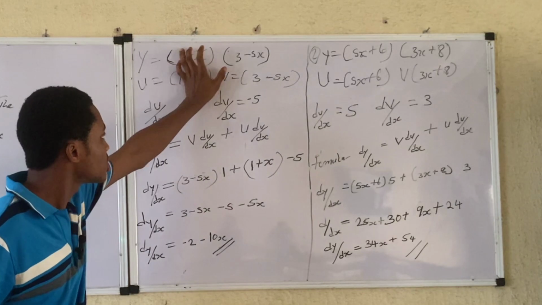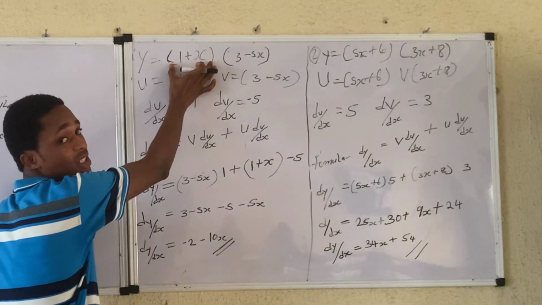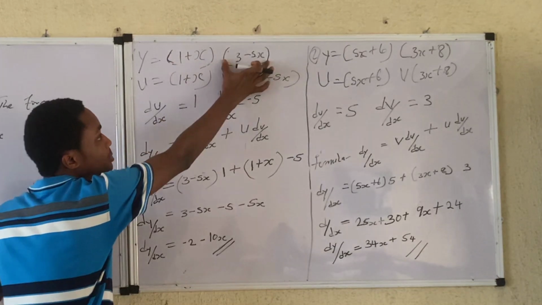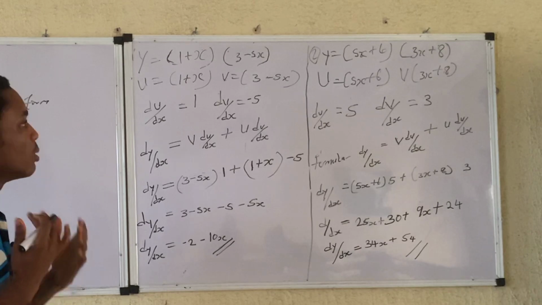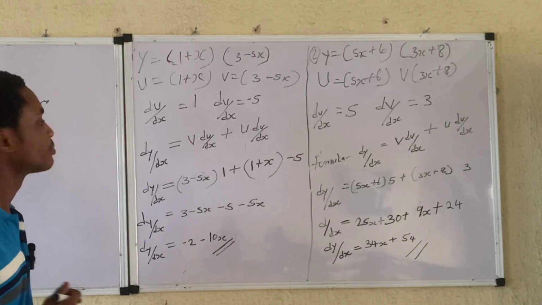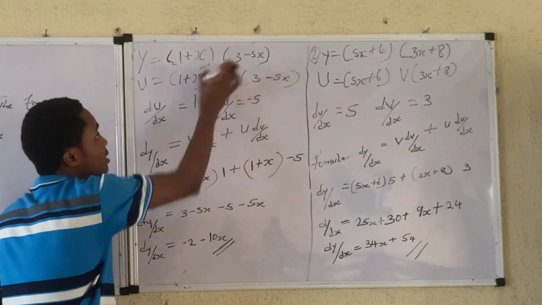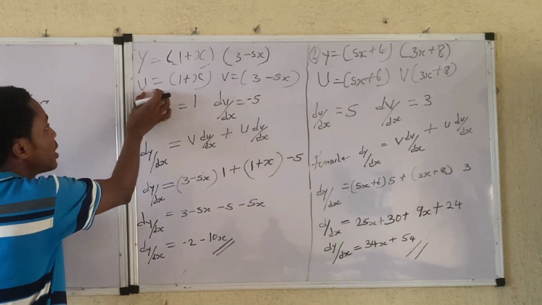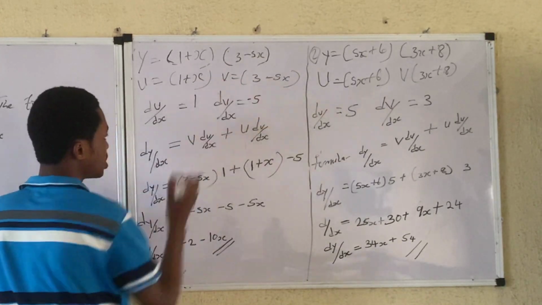For a question like this, we take the first bracket as our u and the second bracket as our v. So that is how we go about this question. Here u equals this one, as I told you before, while v is this one.